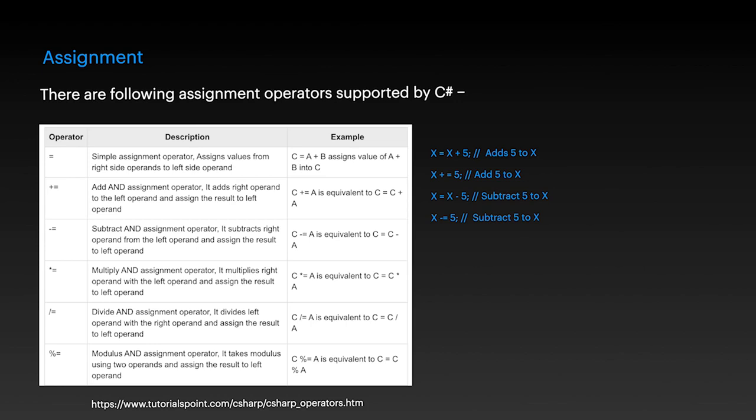And the third one is X equals X subtract 5. You can also write X subtract equal 5. So those two are the same, subtracting 5 from X. You probably need to take some time to remember the rules, but those are really common if you use C#.